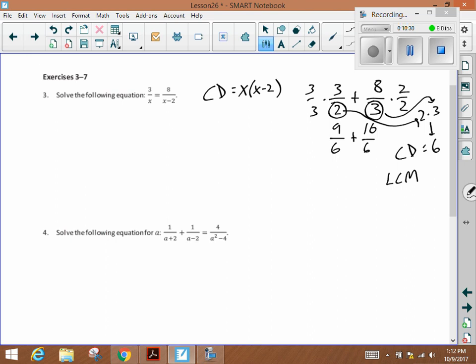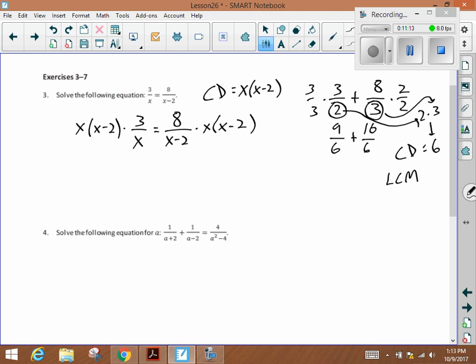Alright, so once we've decided what our common denominator is here, we're going to go ahead and multiply both sides by our common denominator. So in other words, I'm going to multiply this one by x times x minus 2, that side, and then this side is also going to be multiplied by x times x minus 2.